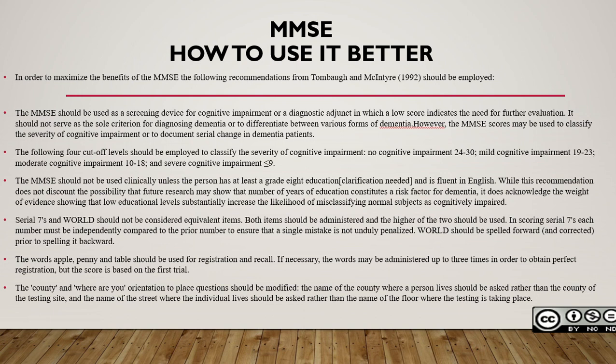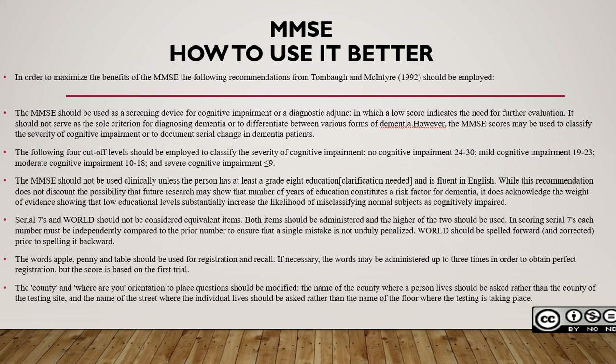Now, according to Tombaugh and McIntyre, how to use the MMSE better? It should serve as a screening device for cognitive impairment, a diagnostic adjunct, in which a low score indicates the need for further evaluation. So it should not be the sole criterion for diagnosing dementia.